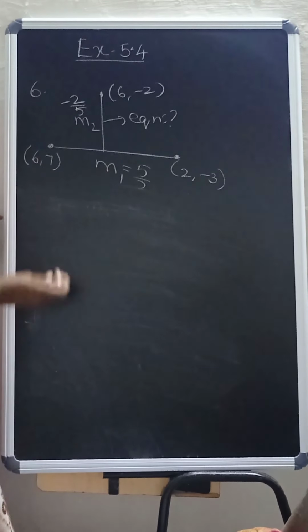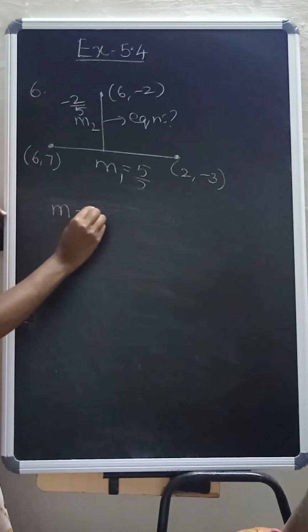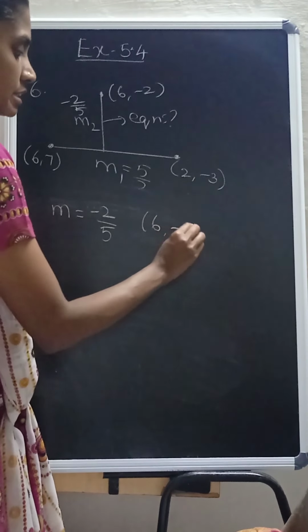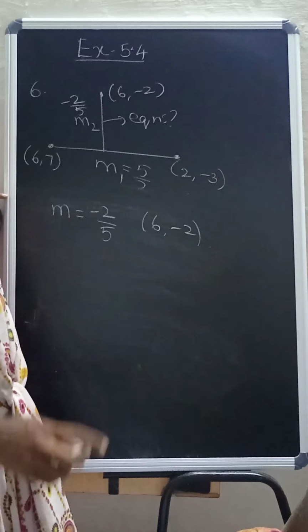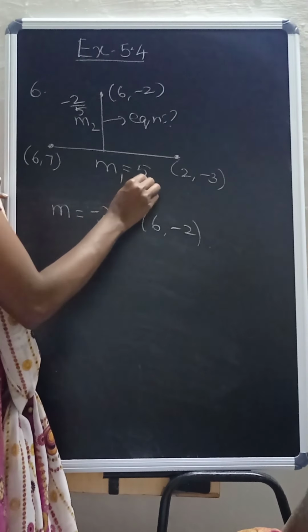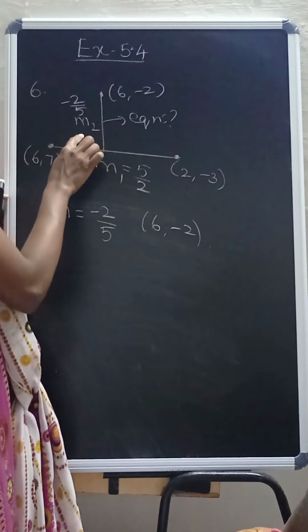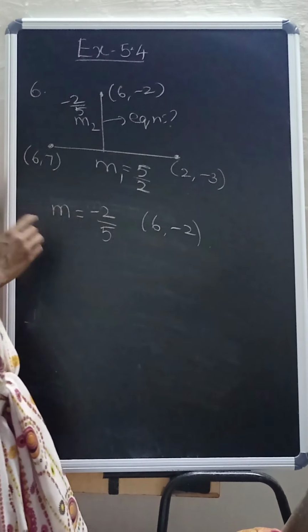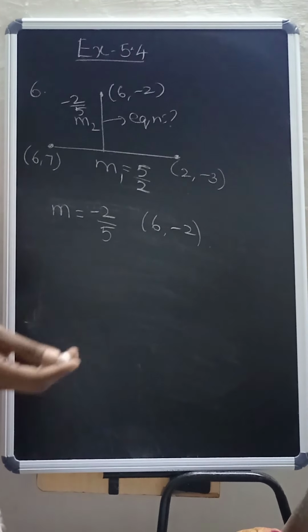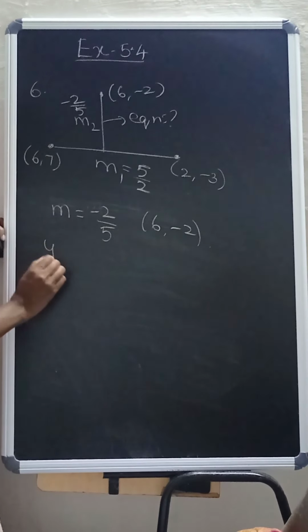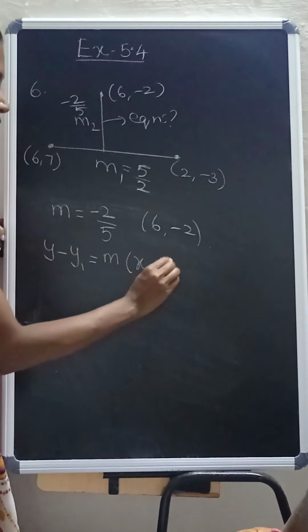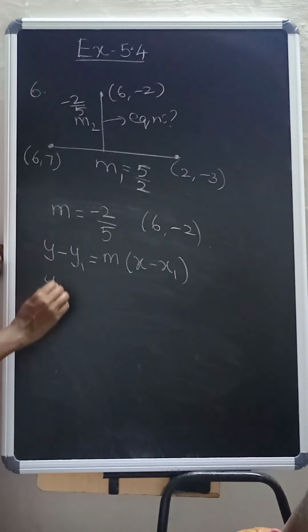Now you have slope minus 2 by 5 and passing through the point 6, minus 2. The majority of mistakes done here is you will forget to find the perpendicular slope. So it is better for you to draw a diagram, a rough diagram, and then proceed on with the sum to avoid the mistakes. Now what is point slope form? Y minus y1 is equal to m into x minus x1.